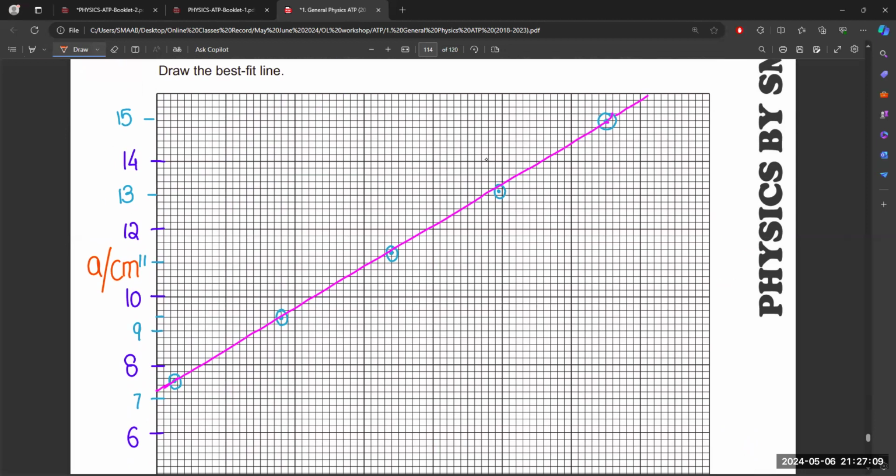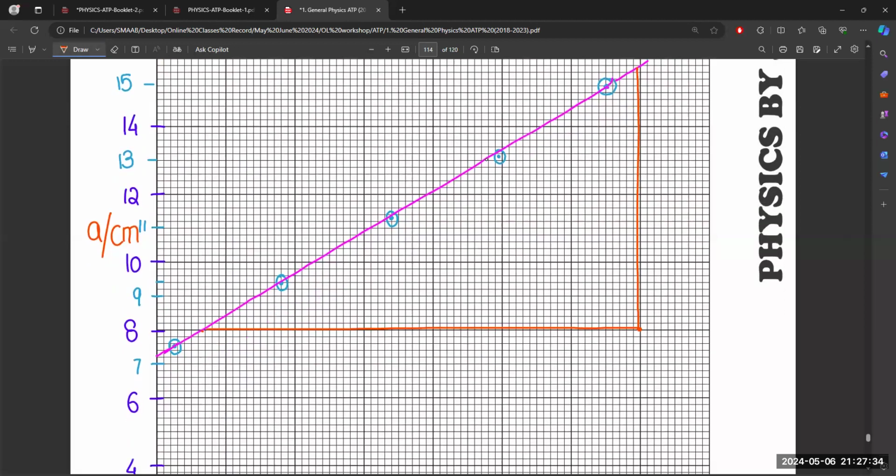So let's suppose if we consider these points, like this. So this is the point we are taking for x1, y1.